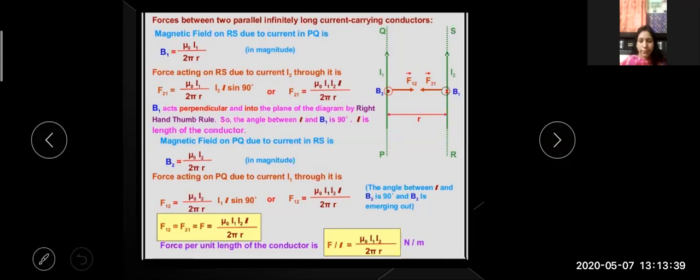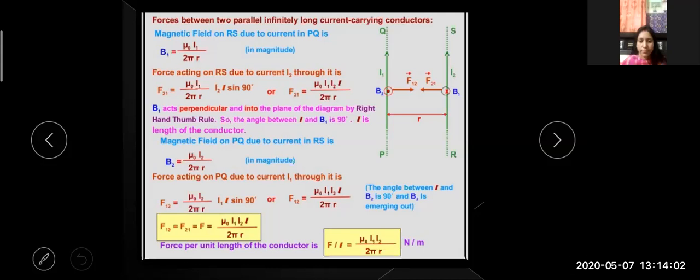So two conductors are placed parallel to each other carrying currents I1 and I2. I1 current is flowing through conductor PQ and I2 current is flowing through conductor RS. Clear? These two conductors are placed parallel to each other at a distance R.